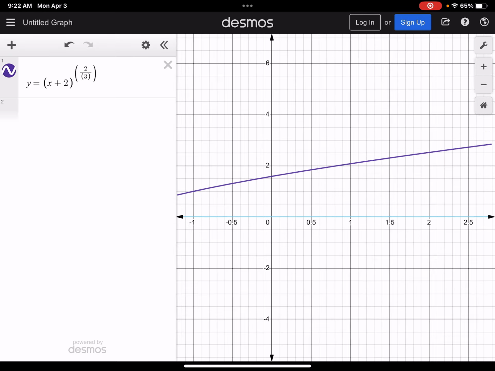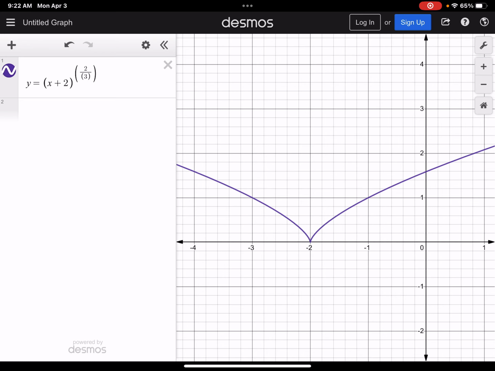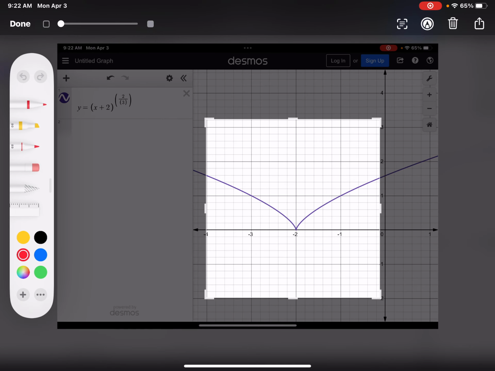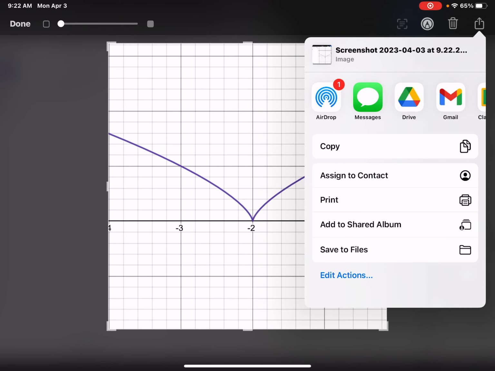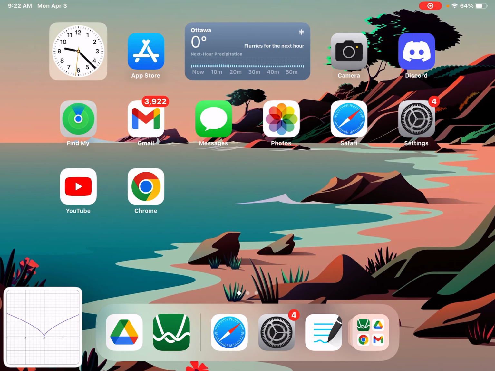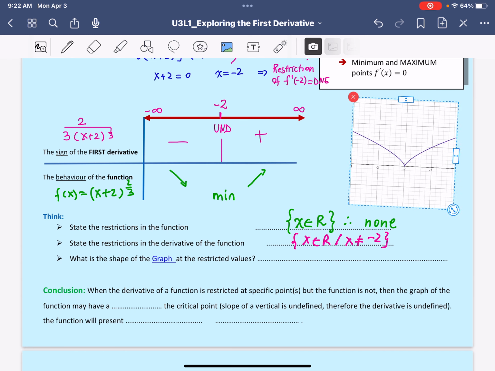As you can see in here, the graph of this function will present a cusp at x equals -2. I'm going to take a picture of this so that we can have it all in our notes. Here we go. And we can take notes on the graph as well, so it's easier this way.